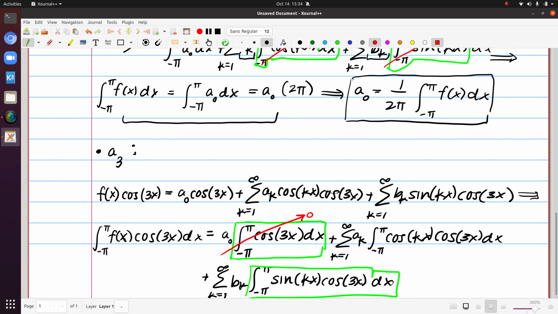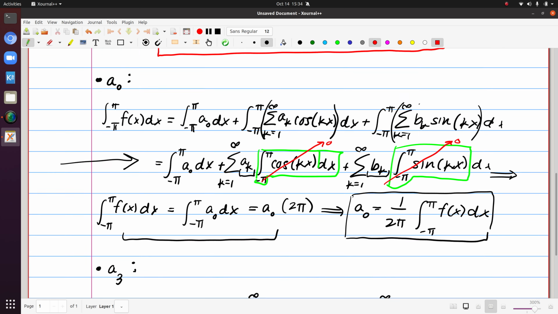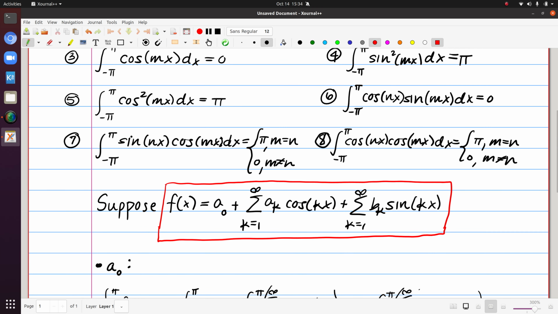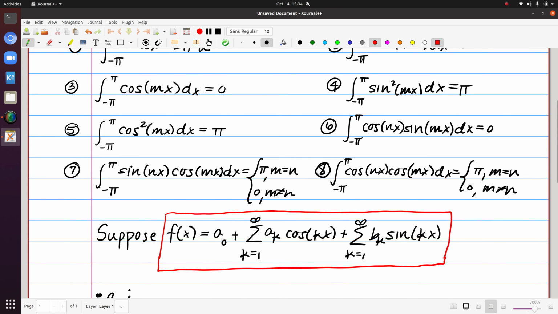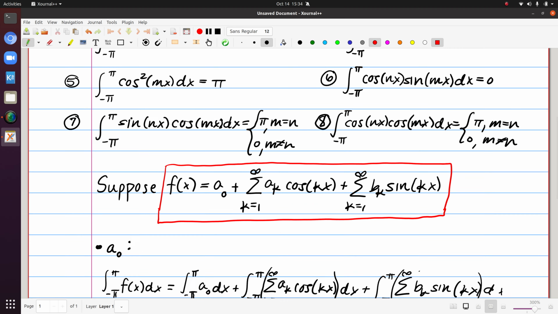Then I have the integral of sine kx times cosine 3x. That's going to be equation number 6. So I have a specific value for n, 3 in this case, and we just have a sine of kx. What integral number 6 is telling us is that for any whole numbers n and m, that is going to evaluate to 0.